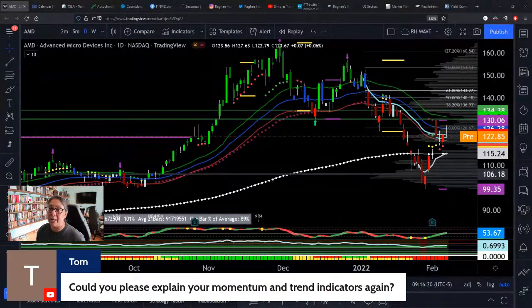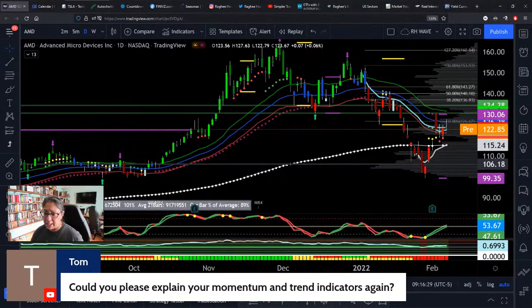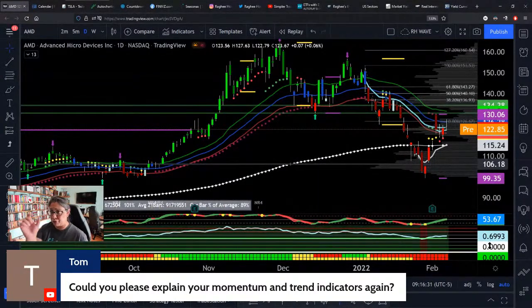All right, could I please explain my momentum and trend indicator again? Tom, sure. There's 2 of them. What I give away for free is the label, the trade flags. We call them trade flags, those labels in the upper left-hand corner of TOS. The first one is measuring 8/13/21 for momentum reads. The second one is for reading the 34. That's my trend read. That's why we separate them.